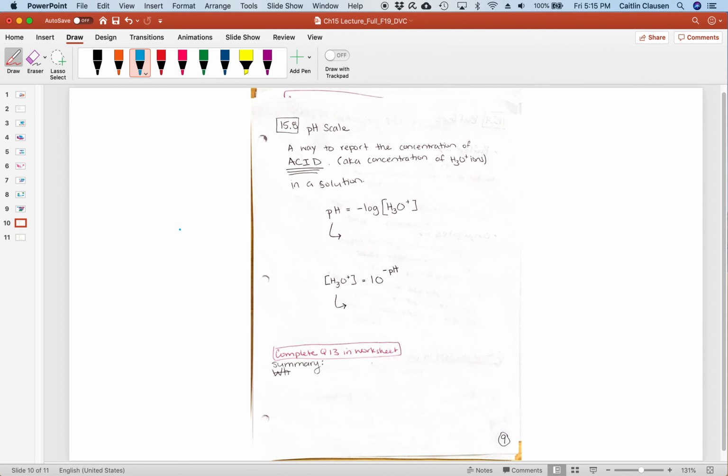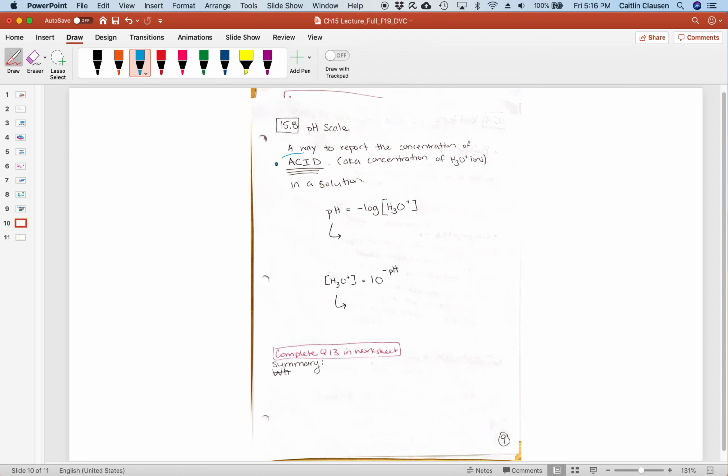Alright, second to last section, pH scale. So the pH scale is just a different way to report the concentration of an acid. Or, in other words, the concentration of H3O plus ions in solution. So instead of just talking about molarity of H3O plus, we have these equations that can tell us the concentration of acid in a solution.